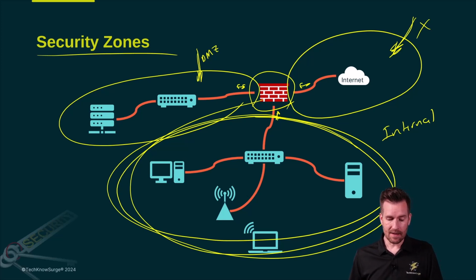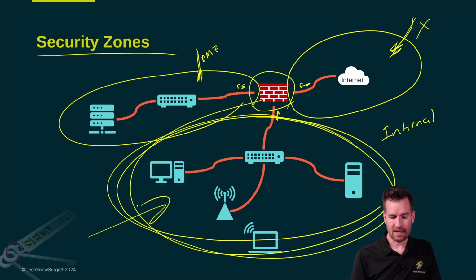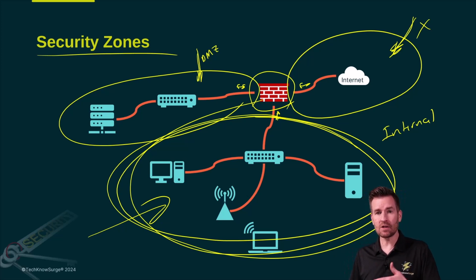And nothing from the DMZ could automatically be allowed into the internal network. So it allows traffic to go from a secured zone to a less secure zone, but it doesn't allow the traffic to go the other way unless specific conditions are met.